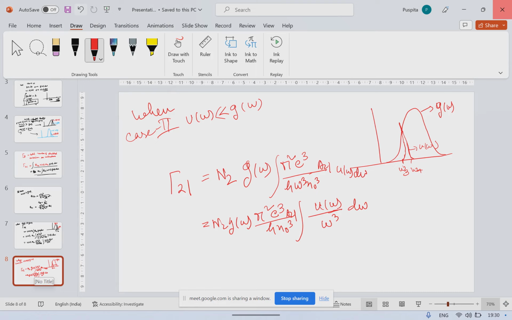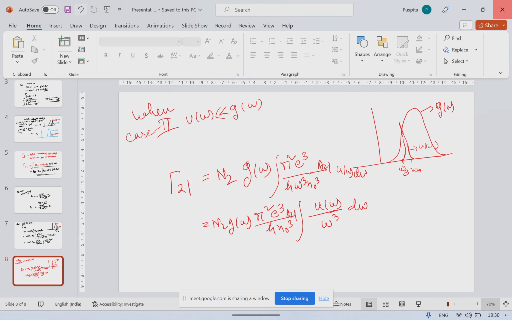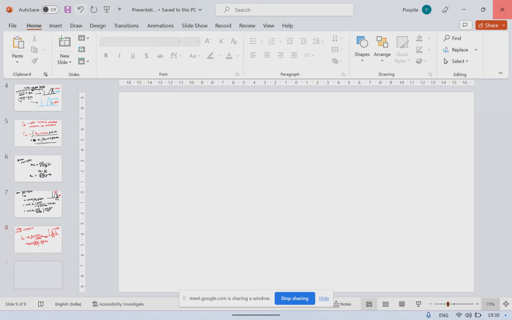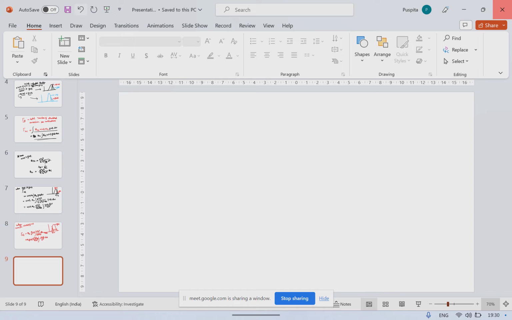So after doing the integration, we can say what will be the stimulated absorption per unit time per unit volume. So now we can go to the next part, which is the mechanism for which the broadening happens. So line broadening mechanisms.